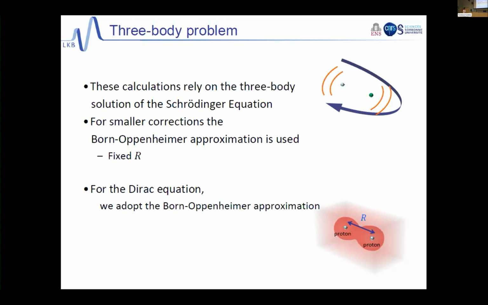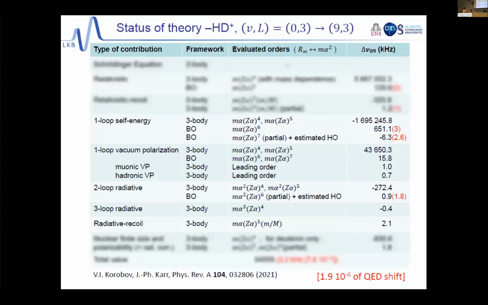But for smaller corrections, we use the Born-Oppenheimer approximation, which means that we fix R, the internuclear distance, and we solve for the motion of the electron in the Coulomb field created by the nuclei. This is justified because the masses of the nuclei are much larger than the mass of the electron. And so for the Dirac equation, we're going to adopt the Born-Oppenheimer approximation.